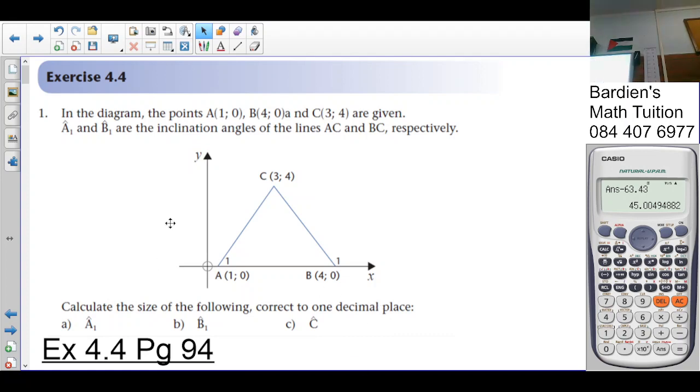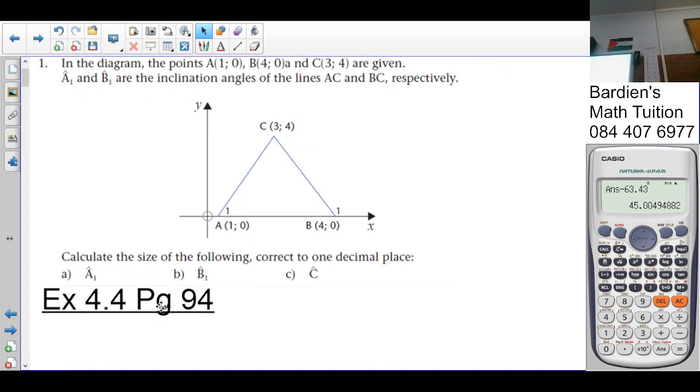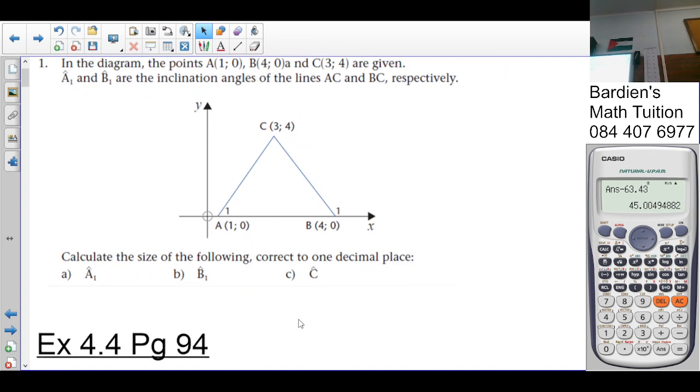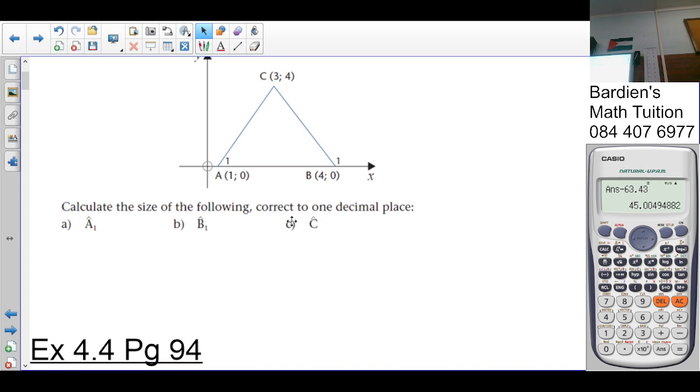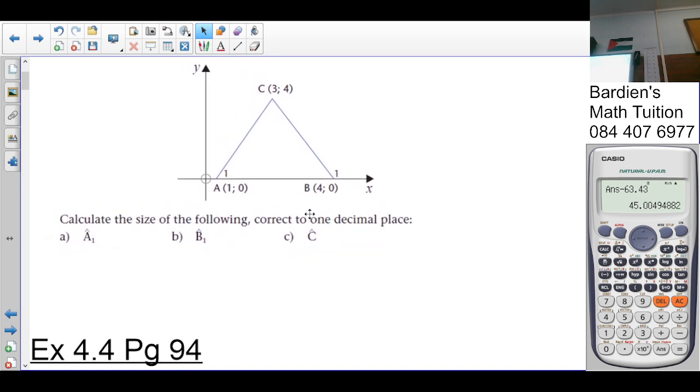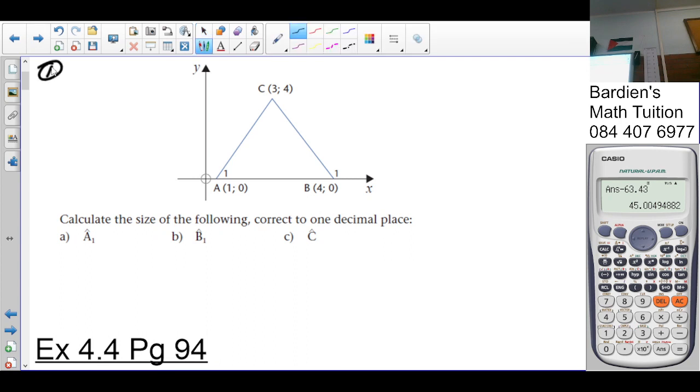Alright, so let's look at this one quickly. We are told that in the diagram the points A (1, 0), B (4, 0), and C (3, 4) are given. Angle A1 and angle B1 are the inclination angles of AC and CB respectively, in that order. The question says, calculate the size of the following correct to one decimal place. So this is number 1. To calculate the angle A1, what do I need?